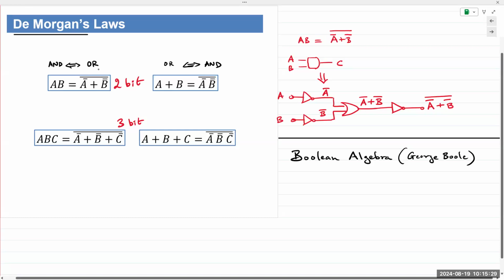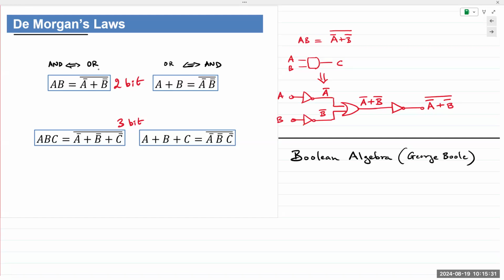Okay. So you can convert from AND to OR or OR to AND, from addition to multiplication, multiplication to addition. I just wanted to cover this before we moved into the larger equation.